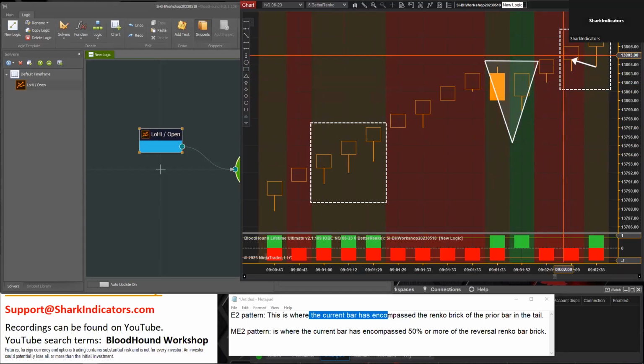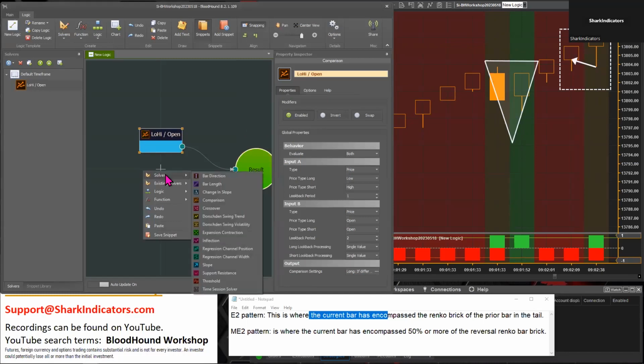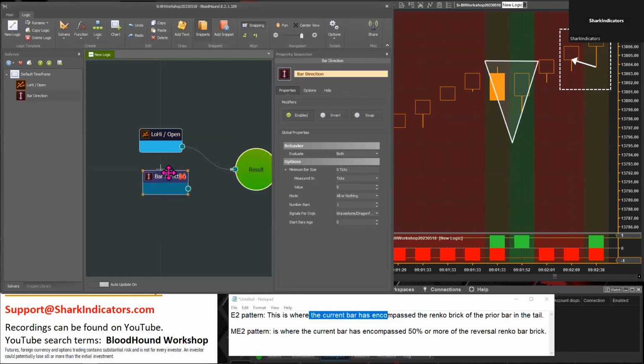So we need at least two bars in the same direction. The previous bar has to be an up bar and the current bar has to be an up bar, both in the same direction. So we can use a bar direction to make sure that the two bars that we're using, sorry, we're only comparing one bar, but the two bars that we're using are both in the same direction. So we can use the bar direction here to clean that up.